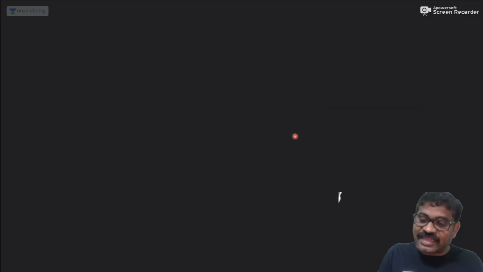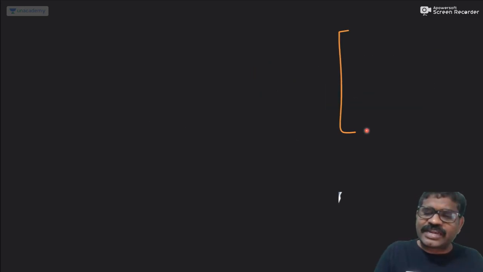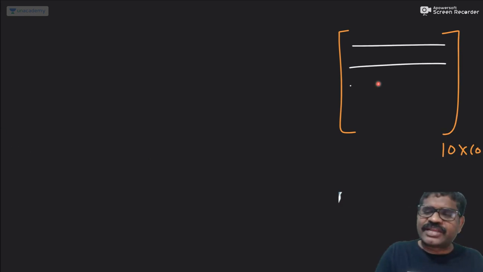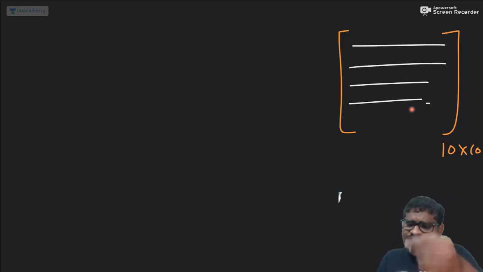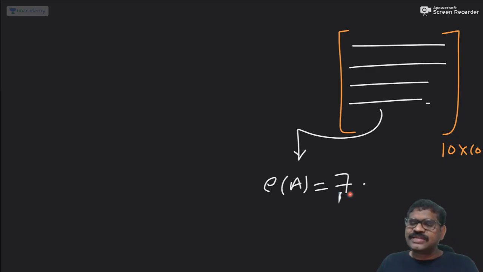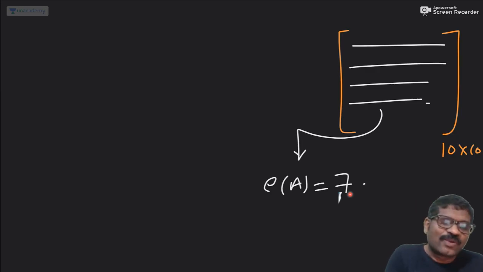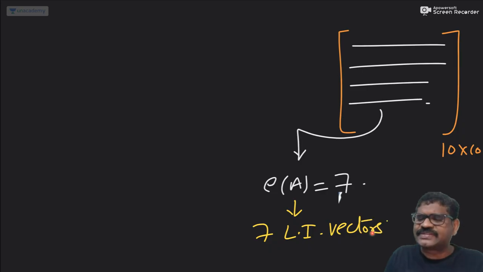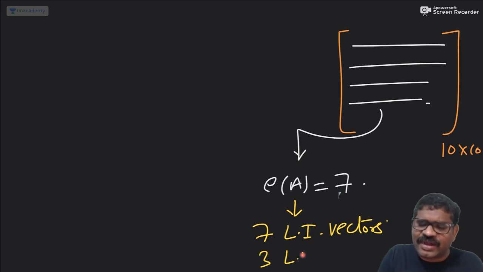But in the case where the matrix is 10 cross 10 and you have arranged all 10 vectors, reduced into echelon form, you found that rank of A is 7. What does it mean? 7 linearly independent vectors, so 3 are linearly dependent vectors.